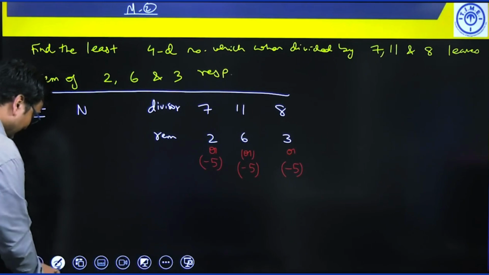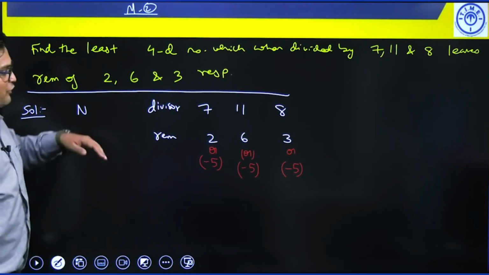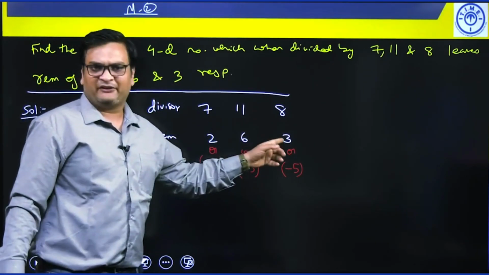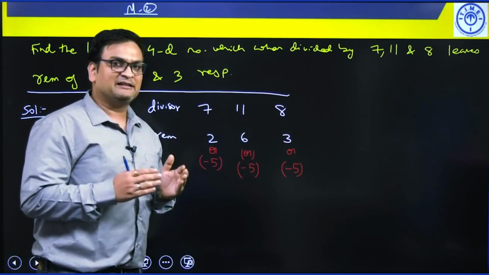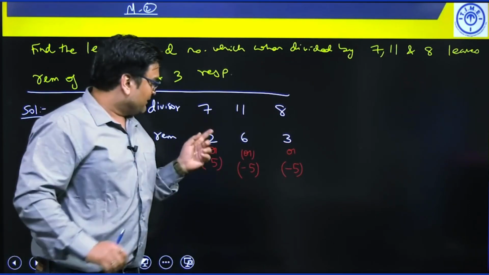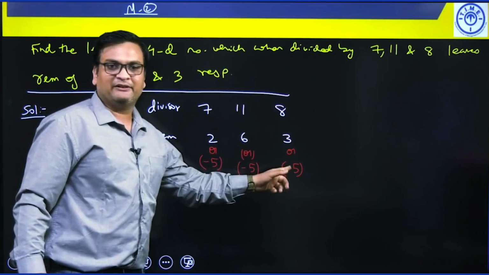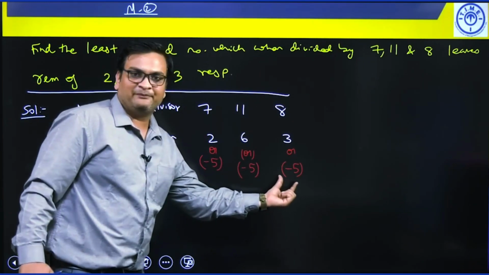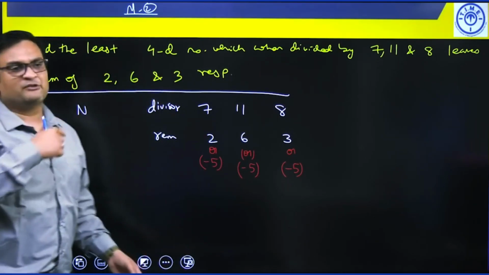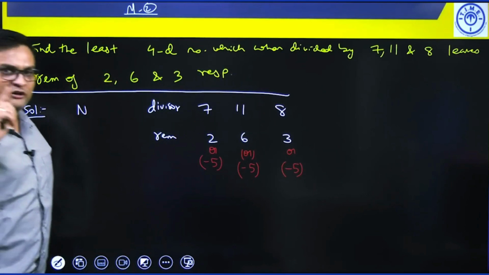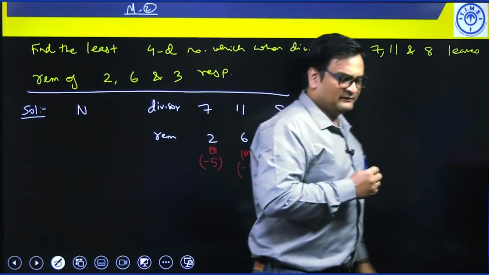So what I notice here is, even though the original problem had different positive remainders, the moment you convert them into negative remainders, they turn out to be equal. Now can I say this problem is actually a model 1 problem in disguise?